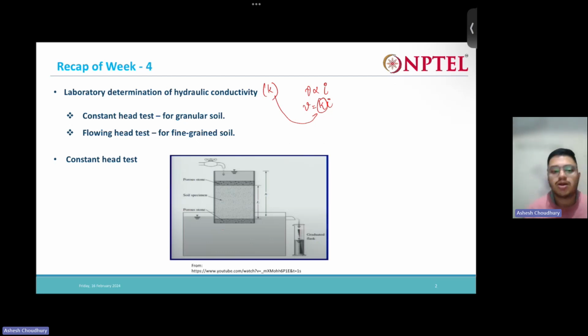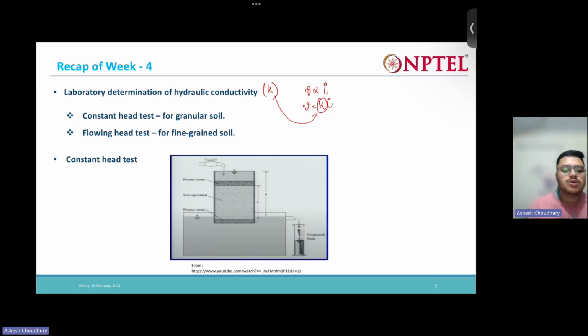And for fine grained soil, such as clay, the hydraulic conductivity is generally very low. So the water percolates through the soil very slowly.